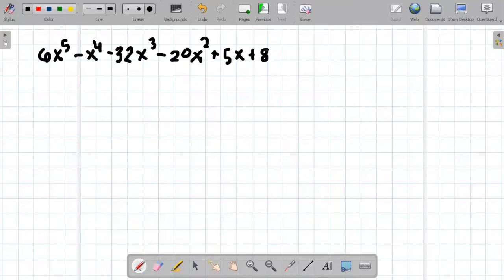The polynomial is divided by 2x minus 3. Okay? That is 2x minus 3. So, this is your divisor.